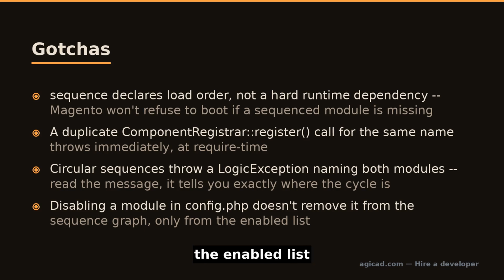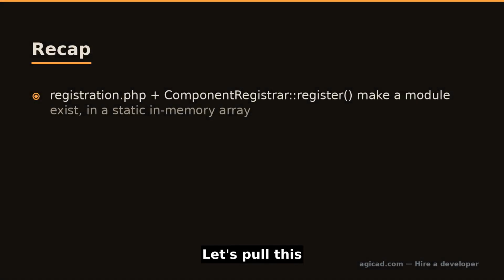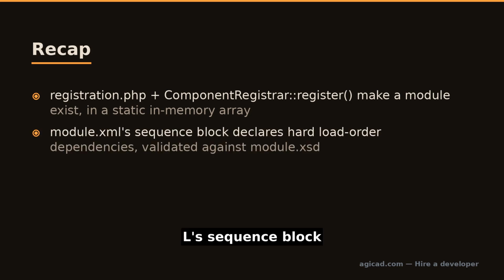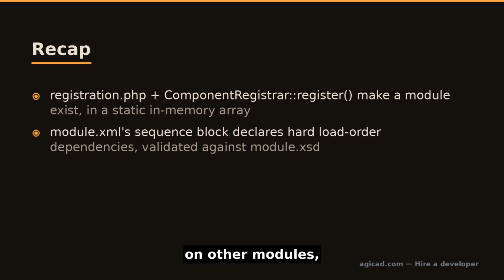Let's pull this together. Registration.php calling ComponentRegistrar::register is what makes a module exist at all, stored in a static, in-process array. Module.xml sequence block is where a module declares hard load order dependencies on other modules, and that XML is validated against module.xsd before Magento ever trusts it.